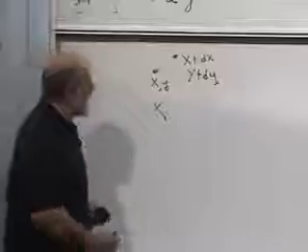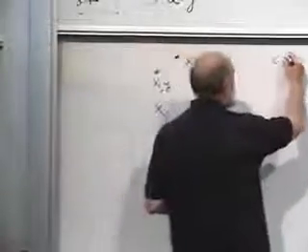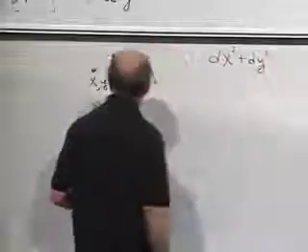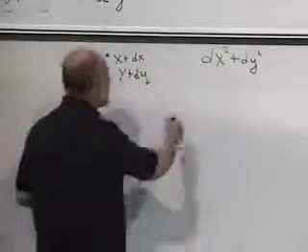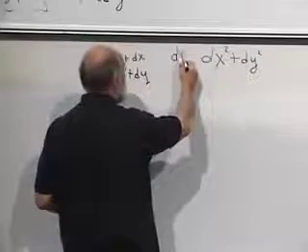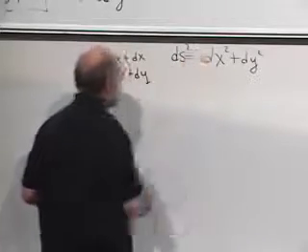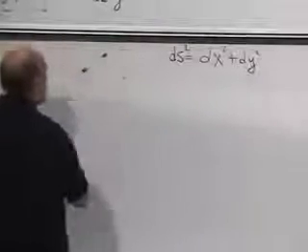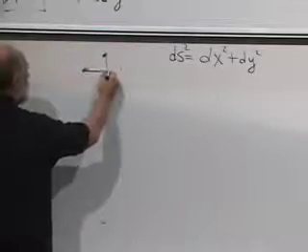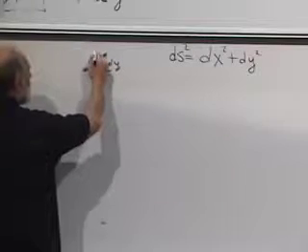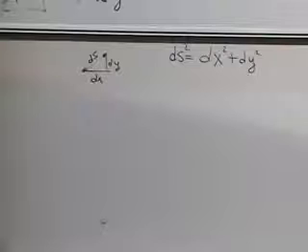The square of the distance between them, called ds squared, is dx squared plus dy squared. That's just Pythagoras' theorem.